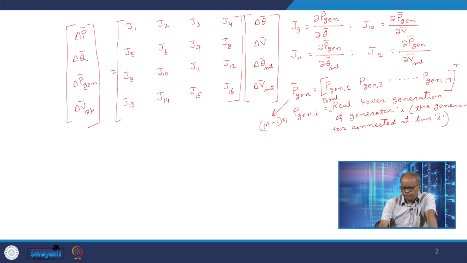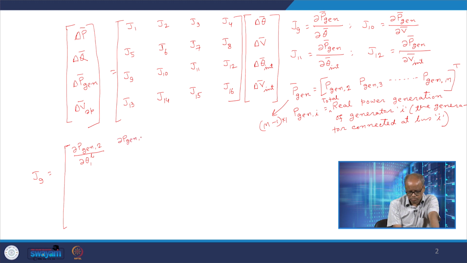So now J9 would be looking like this: del P gen 2 by del theta 1 b, then del P gen 2 by del theta 1 c, dot dot dot, del P gen 2 by del theta n c.